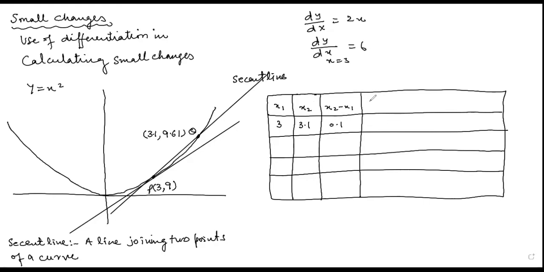Now y1 is 9, y2 is 9.61, y2 minus y1 is 0.61, and then y2 minus y1 over x2 minus x1, that is the gradient of the secant line, is 0.61 divided by 0.1 is 6.1. Is there any question?